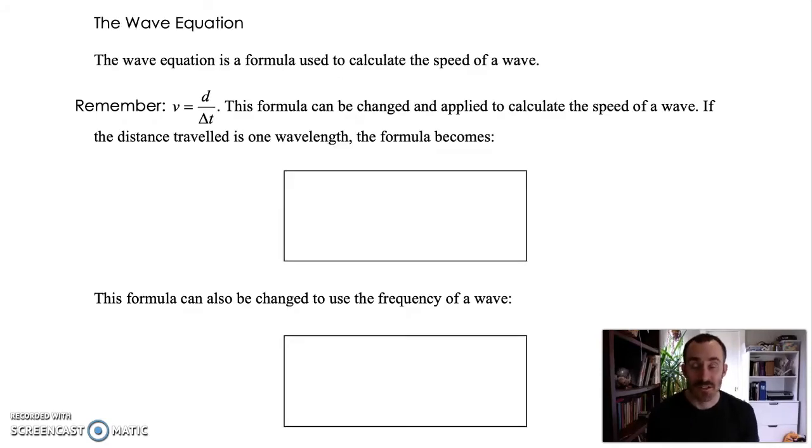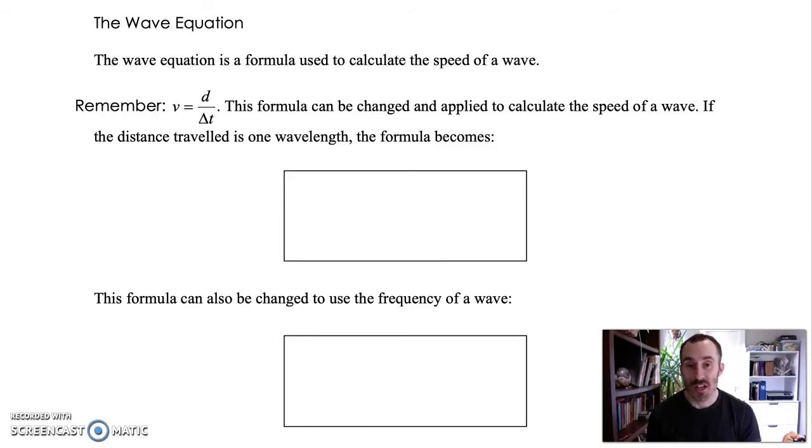Now we're going to relate frequency or period to speed. Okay, so how fast a wave is traveling depends on how quickly it's moving up and down, or shifting back and forth, depending on if it's a longitudinal wave or a transverse wave. Okay, so let's remember that something's speed is the distance it travels divided by the time that it takes to do that.